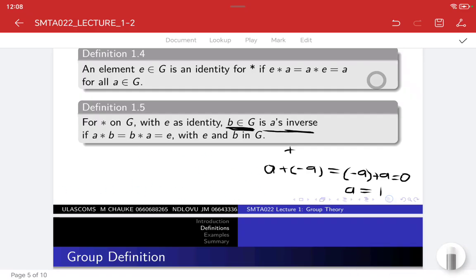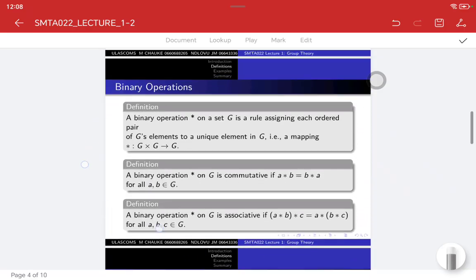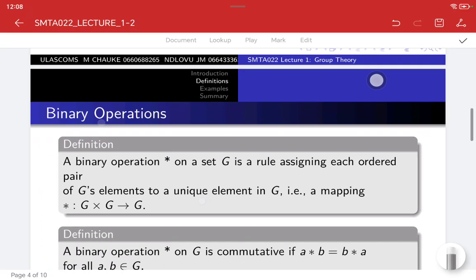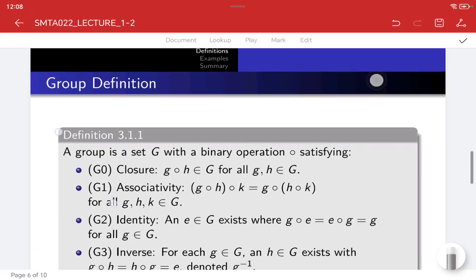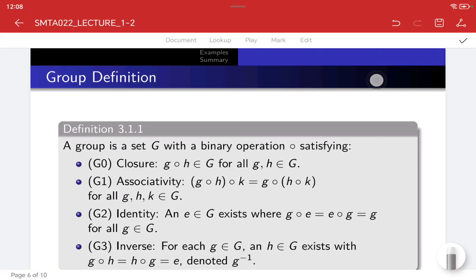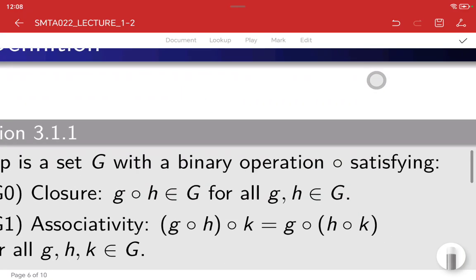Now, since we have looked at these elements, I can go back to the binary operation and say that if we take elements from this and then we apply the binary operation, we find that those elements are found in G, right? Then we say that there is closure. Now, when we come to a definition of a group, we are saying that a group is a set G with a binary operation. Now you see that I said that the binary operation can change.